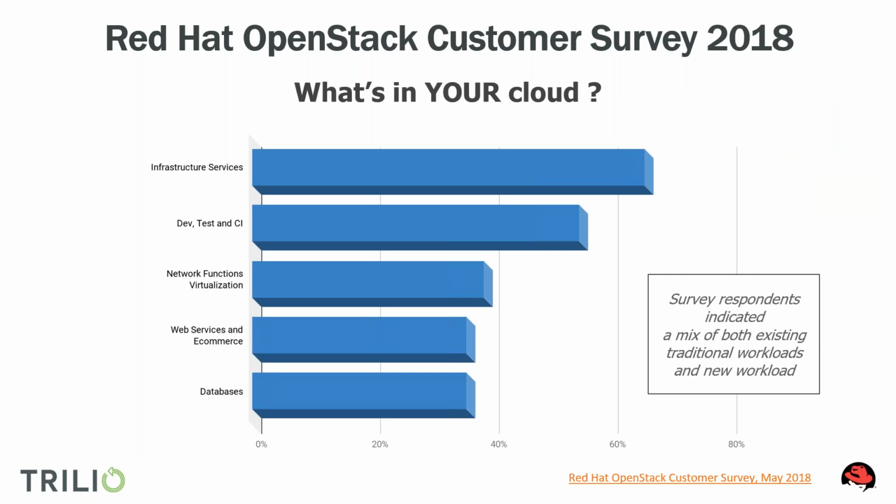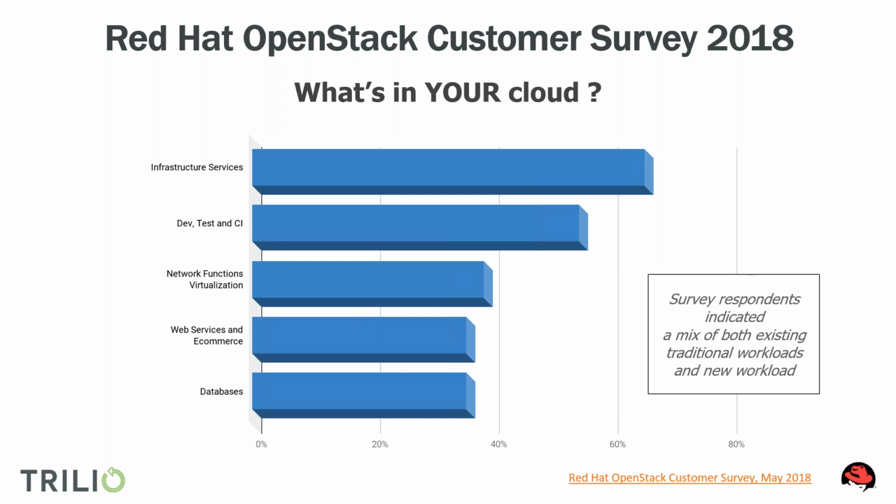Out of 670 Red Hat OpenStack Platform customers that we surveyed across, believe it or not, 78 countries, the top 5 results, as you can all see, are balanced between infrastructure services, such as public and private cloud services, software development, testing, QE, as well as CI work, alongside the network functions, as I mentioned, like the telco VNFs, part of the NFV workloads, and the typical web services, e-commerce, and databases for supporting application frameworks.